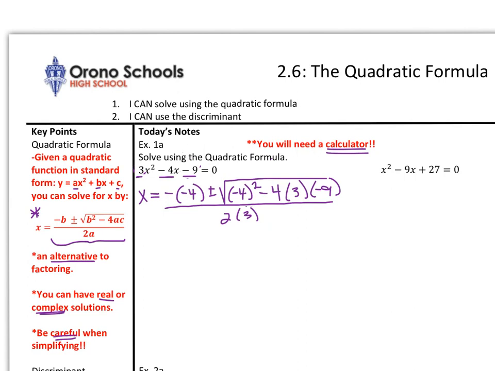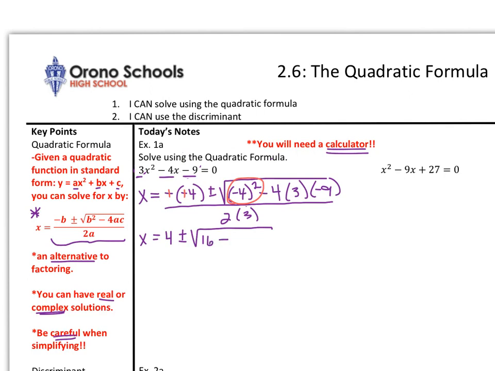Once you plug everything in for a, b, and c, we have to simplify. So we still have x equals. We've got that double negative, so that'll cancel out and make positive 4, plus or minus. On the inside, we have negative 4 squared. That becomes positive 16.